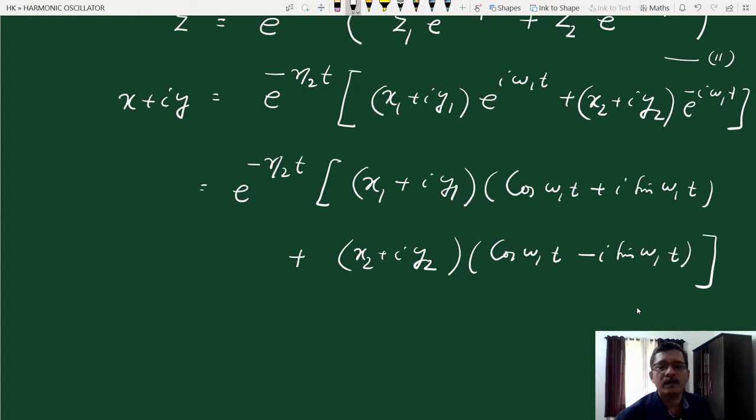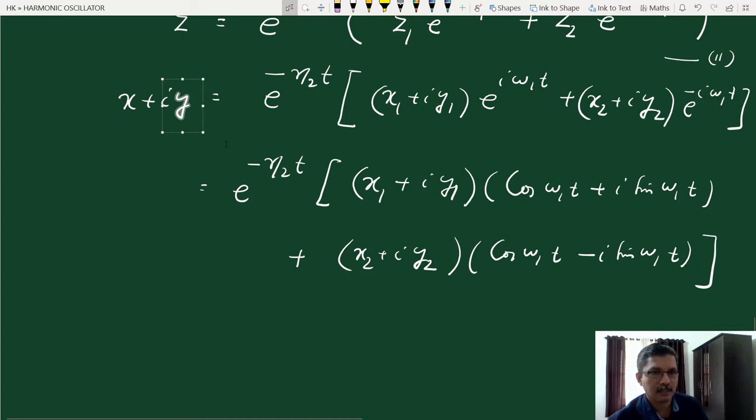Why are we writing it like this? What we are going to do is expand the right side, and then equate the real parts on the left and right sides. On the left side the real part is x, and on the right side if you equate the real part, you get an expression for x. Similarly, if we equate the imaginary part, you get an expression for y.